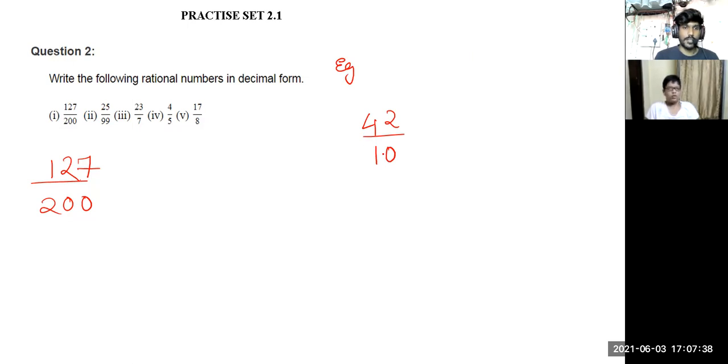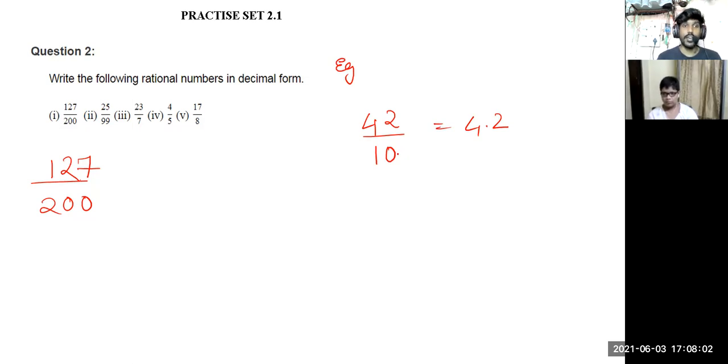Unmute yourself and give me the answer. 4.2. Okay. How did you get 4.2? By the dividing method.